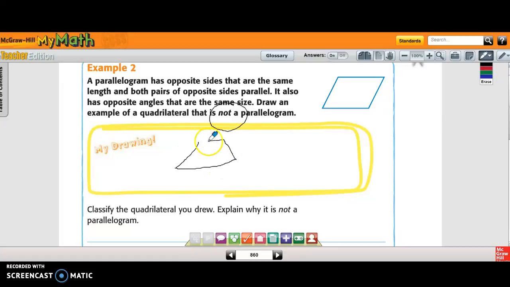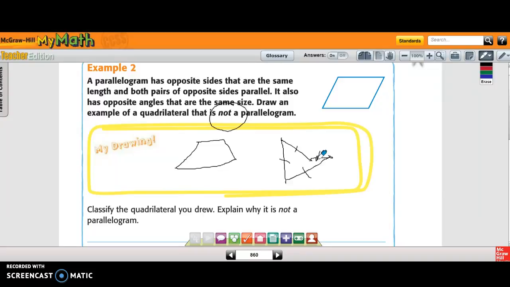So if we drew a trapezoid, that would be one. Is that one? That's a quadrilateral. There's 1, 2, 3, and then this side right here is 4. It doesn't have to be a perfect shape. It could be anything. And then classify the quadrilateral you drew.